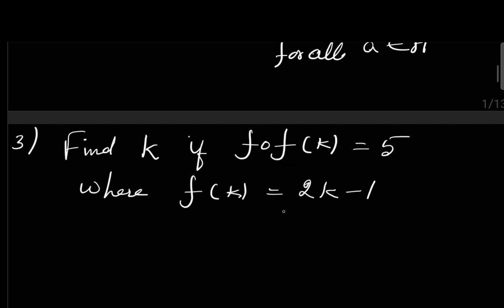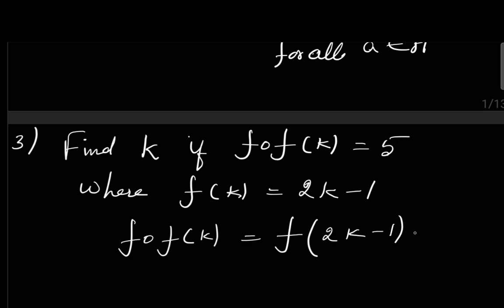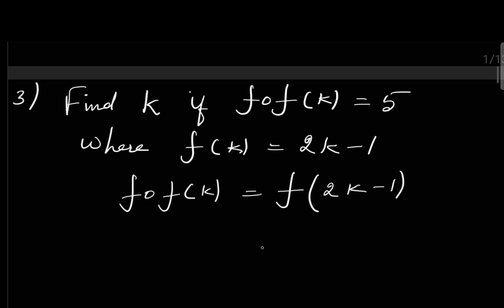Third sum. Find k if f of f of k is equal to 5, where f of k is equal to 2k minus 1. So take the left side, f of f of k first. f of k is 2k minus 1. Now this becomes f of 2k minus 1.